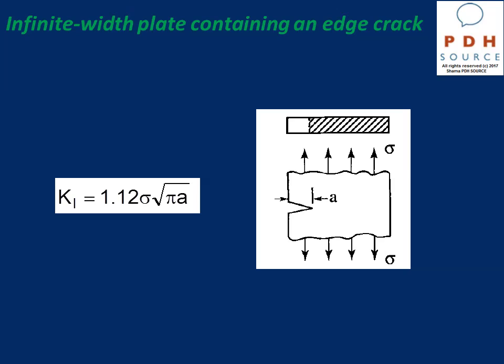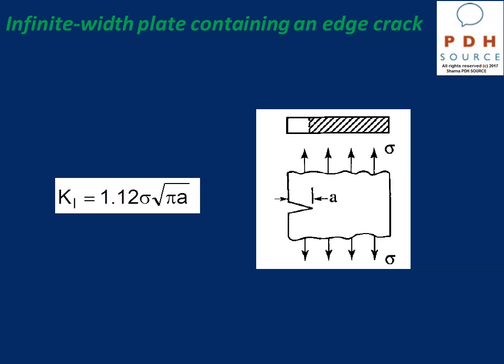Now, for an infinite width plate containing an edge crack, we have the same equation that Irwin came up with for the central crack, but multiplied by 1.12, and this 1.12 is basically a factor called the free surface correction factor.